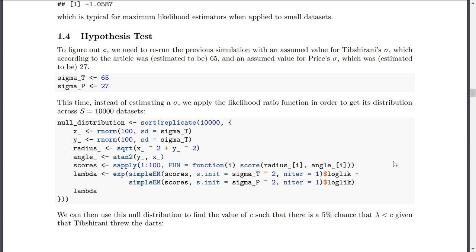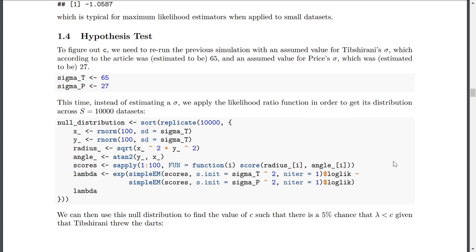Subtract the log likelihood that would be obtained assuming sigma is from Price. The difference of those is the log likelihood difference, and if you exponentiate it, then you get a likelihood ratio statistic under the assumption that sigma t is what's generating this.